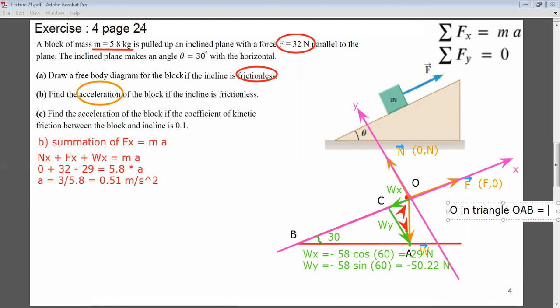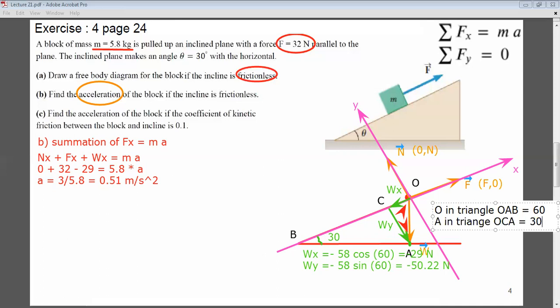So angle O in triangle OAB is equal to 60. So you can either use this piece of information in triangle OAB, and then you take Wx and Wy to be cosine 60 and sine 60, or you take angle A in triangle OCA, it's equal to 30.